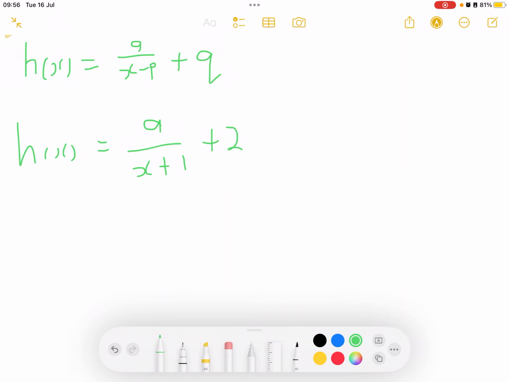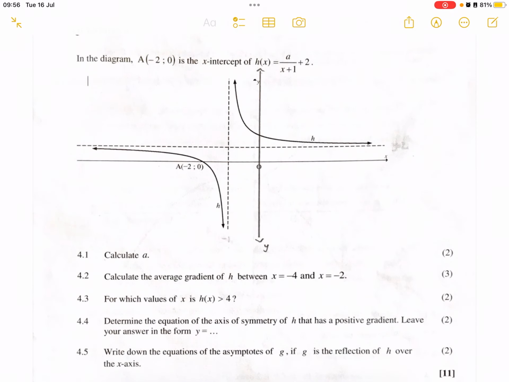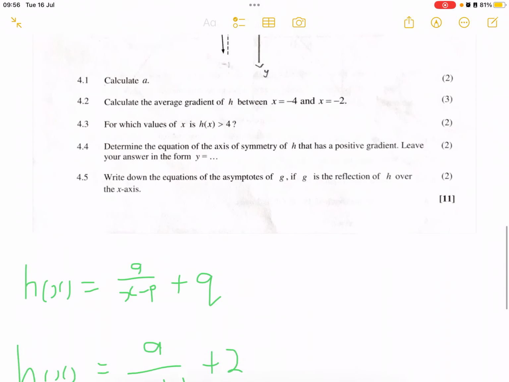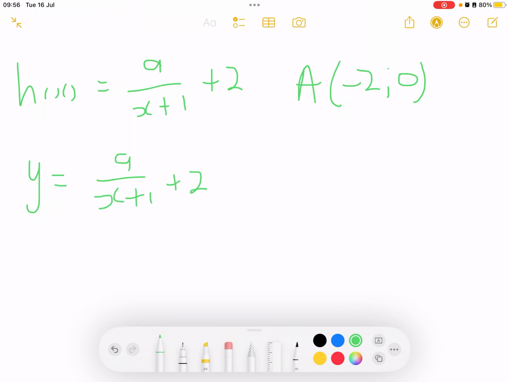Now, the other point that we have here is the point where the graph cuts the x-axis, which is the point A. The point A is (-2; 0). Now, we know that h of x is y, which can be written as a over x plus 1 plus 2. And then if you substitute the coordinates of A, this is 0 equals a over minus 2 plus 1 plus 2.